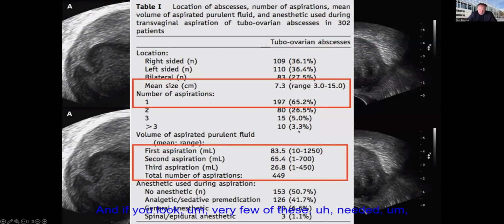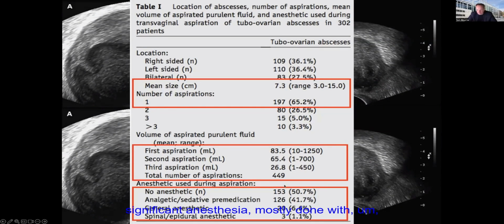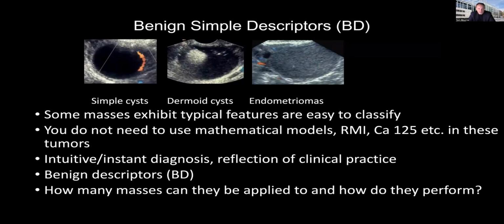Very few of these needed significant anesthesia, mostly done with some sort of sedation. So this is a good approach to dealing with abscesses. And of course, once you've got rid of the pus, then in general, the patient's symptoms, temperature, and so forth settle much more quickly.